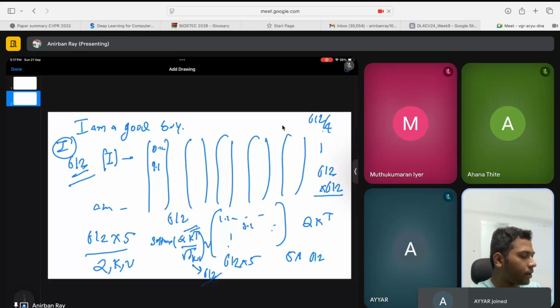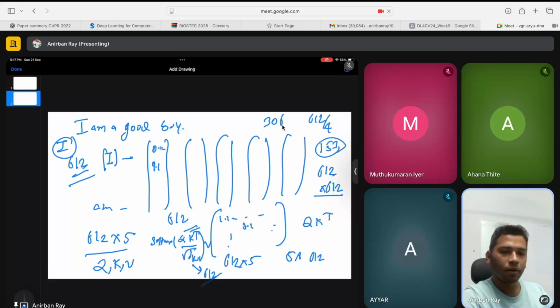First it becomes 306, and dividing again by 2, 153. Each of these gets divided by 4, and the attentions of each of the 4 heads are calculated.